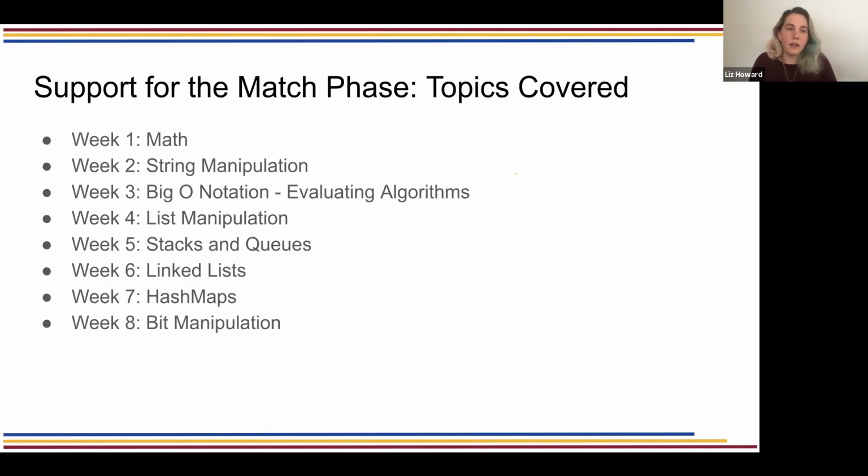Then stacks and queues, linked lists, hash maps, and bit manipulation. That's what we're covering the next few weeks. These are the most common interview questions that you'll get, especially if you're applying for any kind of junior engineer or internship role, right? Most questions center on these topics.